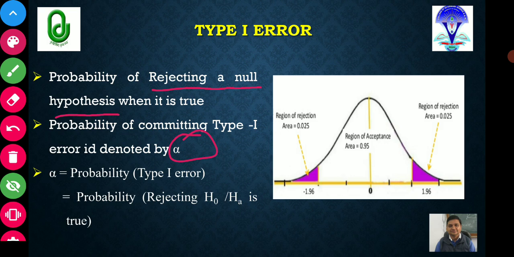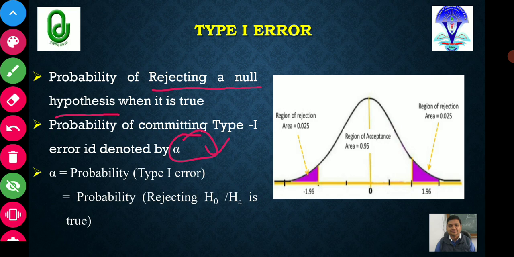If you try to remember, somewhere else also you have studied about alpha. This alpha is also called the level of significance. At the time of telling you about level of significance, I said that level of significance is also the maximum limit of committing type 1 error. So, here you can understand the probability of rejecting the null hypothesis when it is true. In this graph, the area of the whole graph is telling about the null hypothesis.